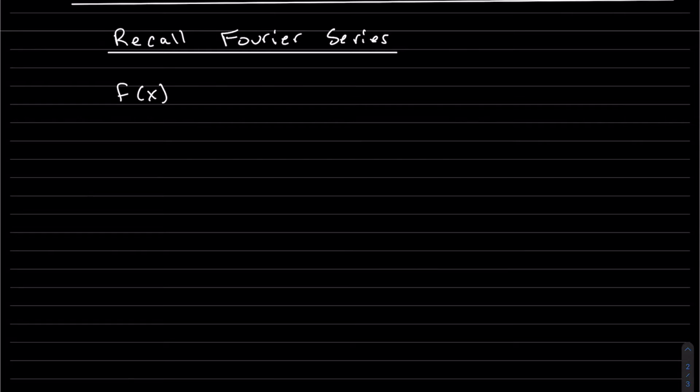So I want to recall the Fourier series that we did yesterday. The Fourier series was that f of x, any function, can be written as a sum of sine and cosine.